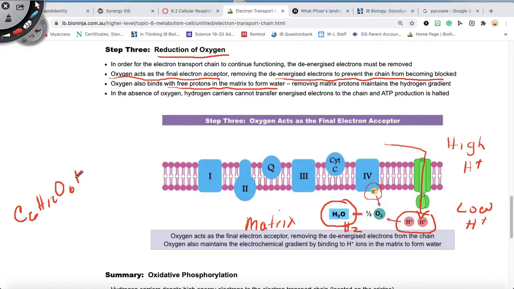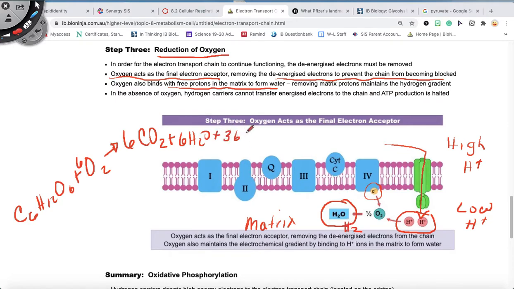C6H12O6 plus 6 molecules of oxygen makes 6 molecules of carbon dioxide. We saw the carbon dioxide being released in the Krebs cycle. Plus 6 molecules of water. We see the water being released here in the electron transfer chain.